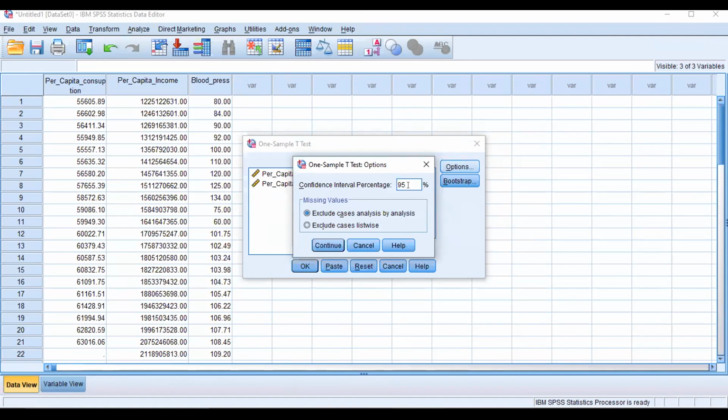But as I explained yesterday also, where your accuracy is critical and you cannot afford any kind of type 2 error, a false acceptance, in that case you have to change the significance level. Here you have to change to a 99% confidence interval. So that's why I took this example.